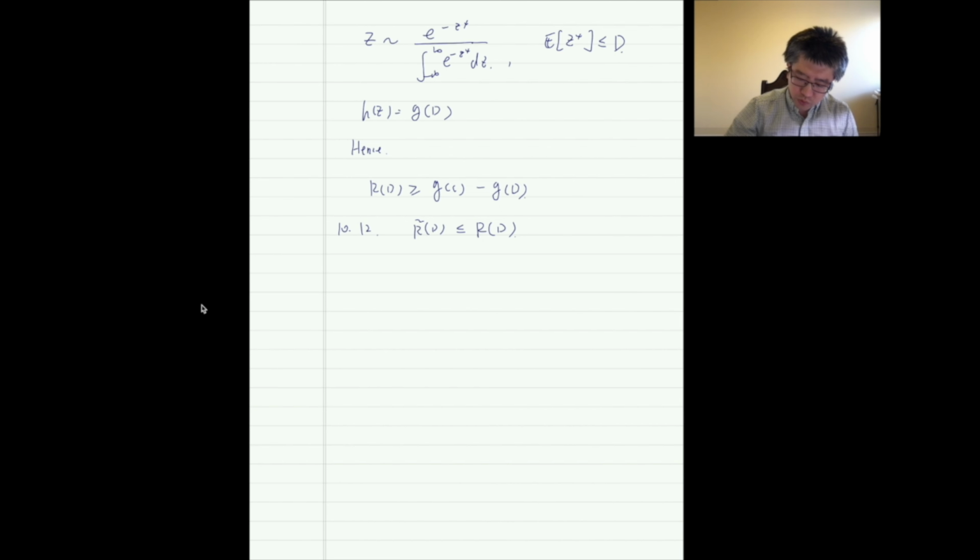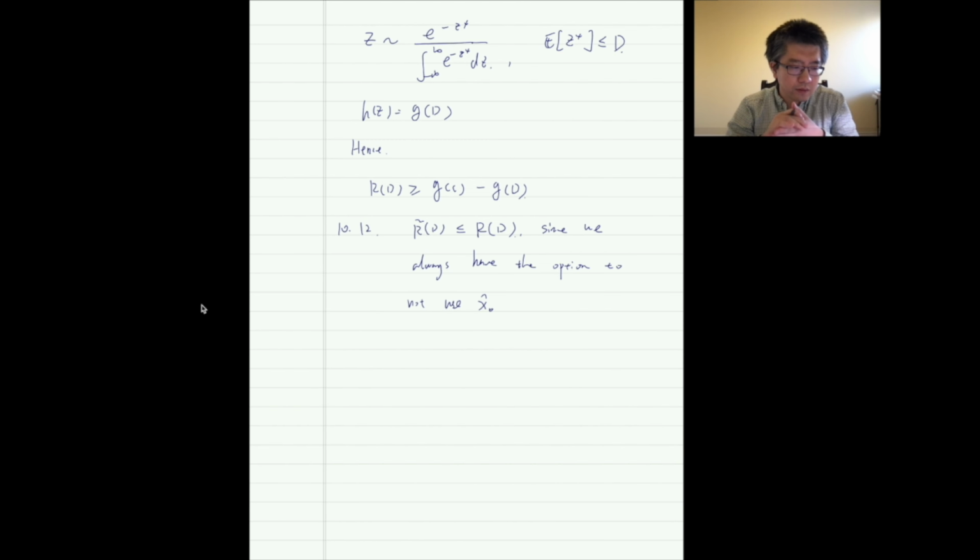The reason is that we can always have the option to not use x0. So I think it's easy to understand why it can help, but if it cannot help, then we just ignore it and assign 0 probability there. Therefore R tilde D and RD will be the same.